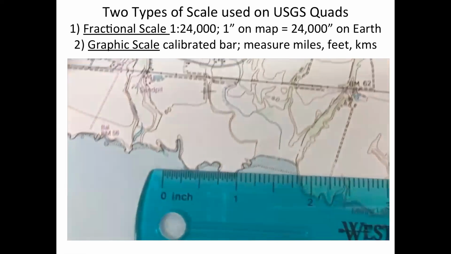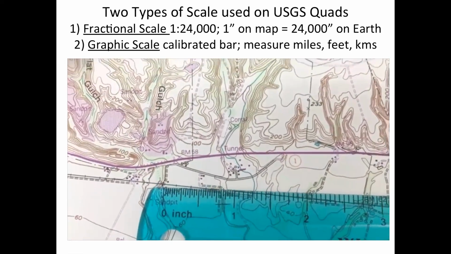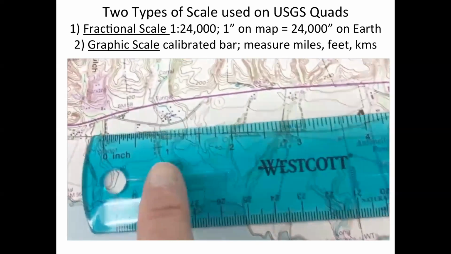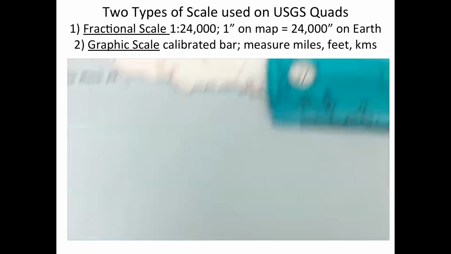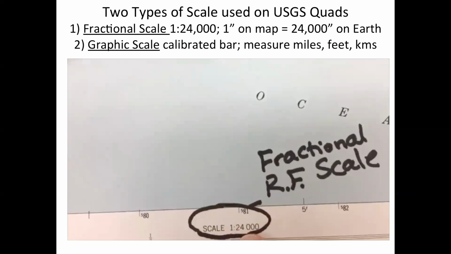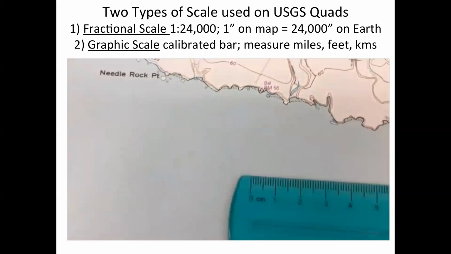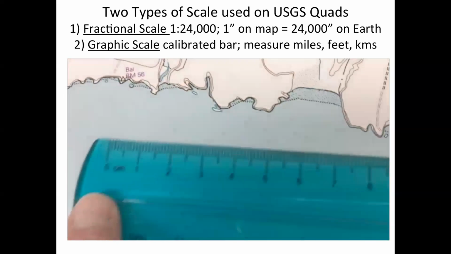If we made a measurement between 2 points on our map and came out with 1 inch, what that tells us is that 1 inch on our map is 24,000 inches on the surface of the earth. We'd probably want to convert inches into feet or miles, which we probably will do in our map reading exercises.